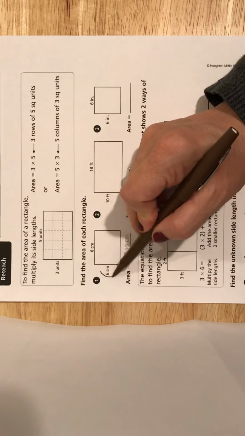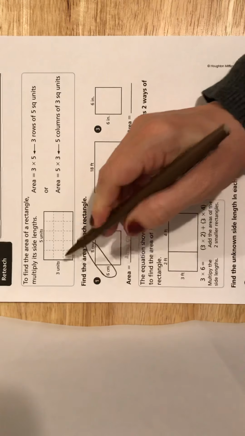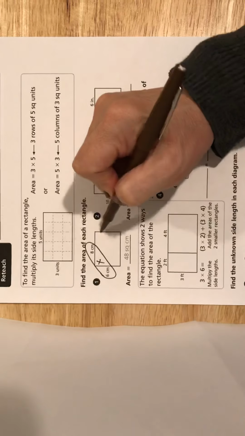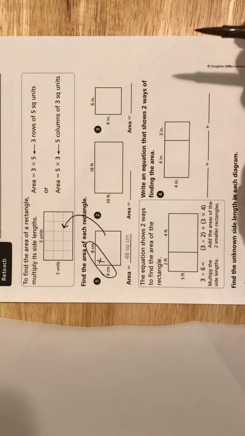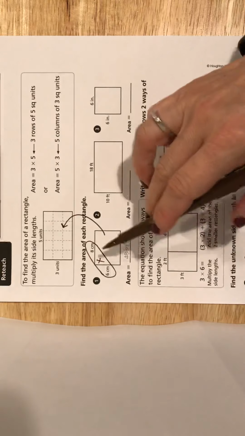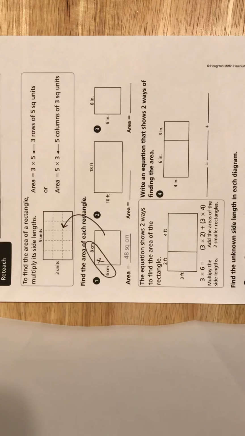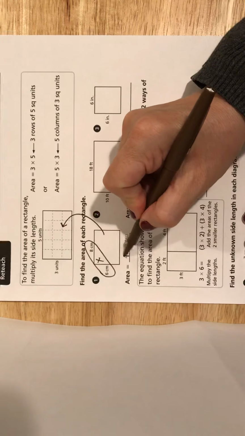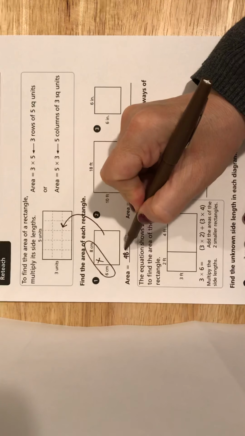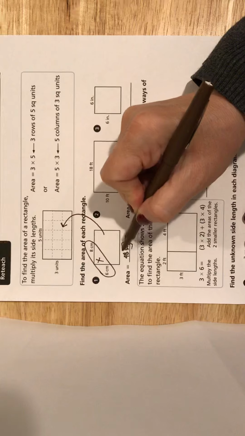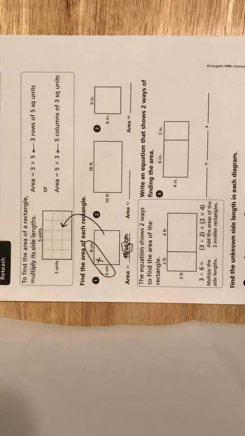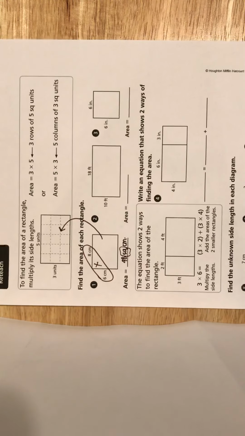So all we're simply going to do is we're going to pretend in our head, we're going to visualize that there's an array like this inside that shape, and we're going to simply multiply the 6 and the 8, and you can see our answer here is 48 square centimeters, and you have to have squares because we're counting the blocks on the inside, remember, okay?